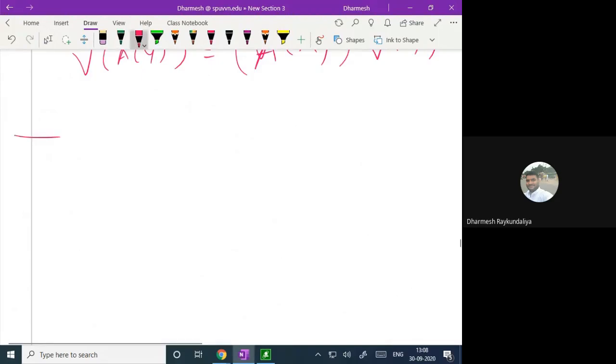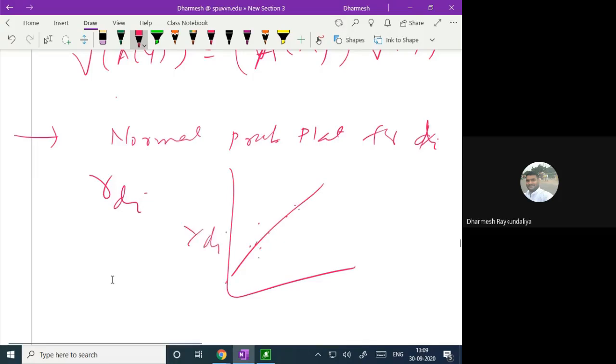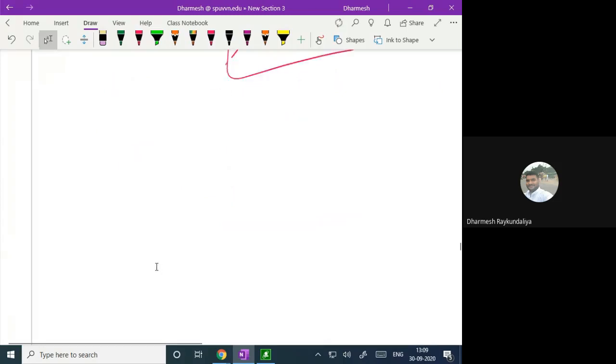Then you can make the normal probability plot for r_Di, and if all the points are covered by the line, then we say that the residuals are normal. Make the plot of r_Di versus y_i hat and see if there are any patterns.